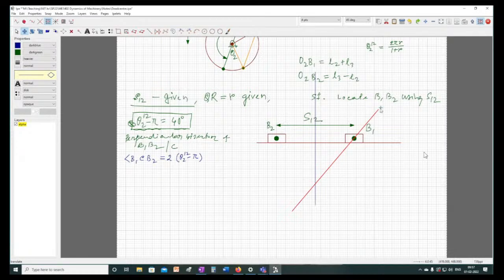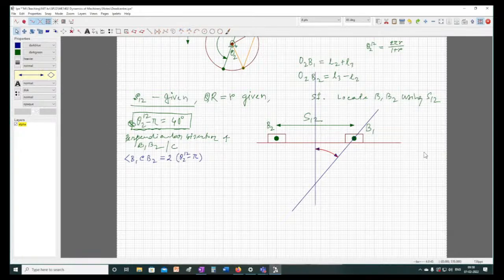Now you see that this line is 40 degrees inclined. From the intersection point to one of the points, this angle.